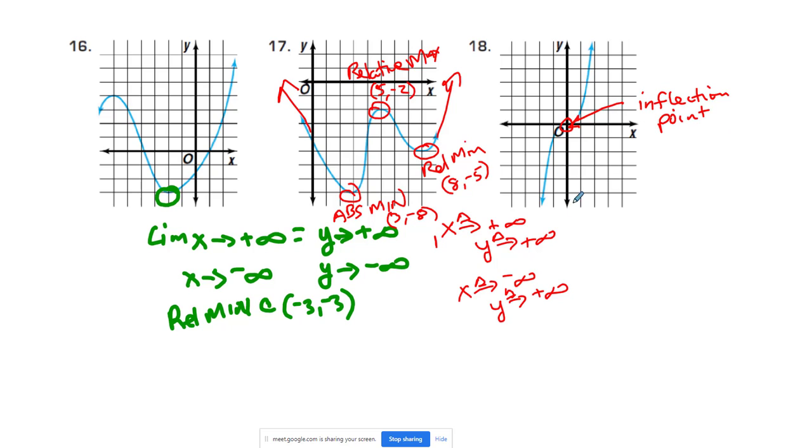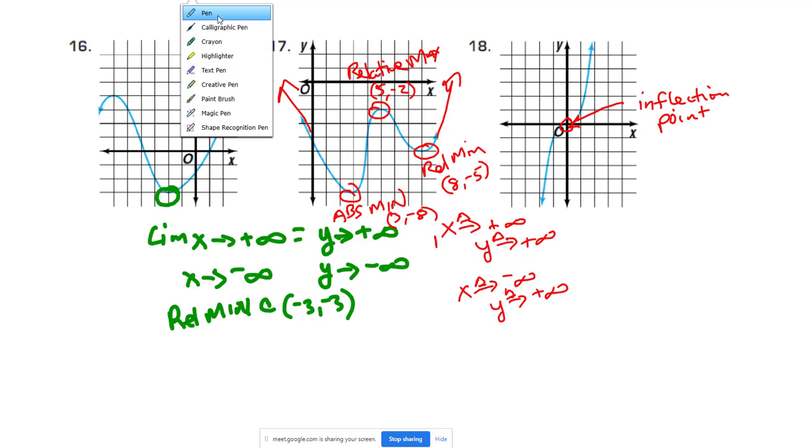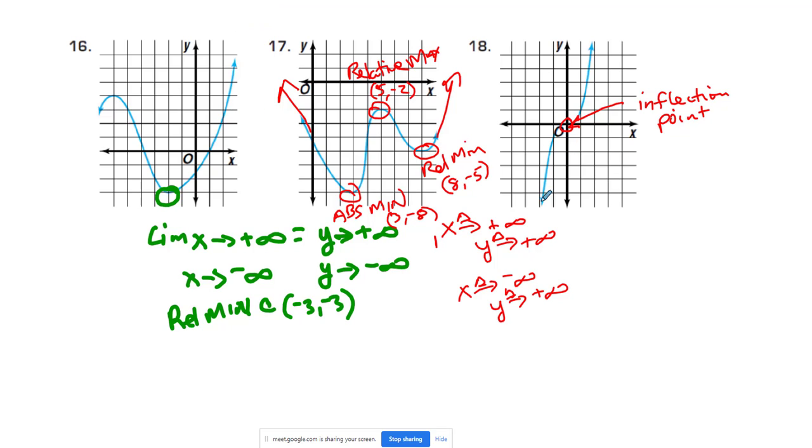At an inflection point, let me go back and change pens here. At the inflection point, you can see that the graph is changing from what we call concave down, because this part of the graph is like this, to this part of the graph being like this.